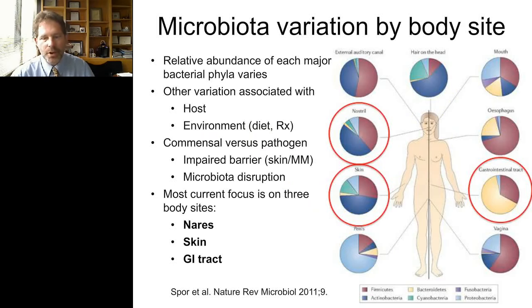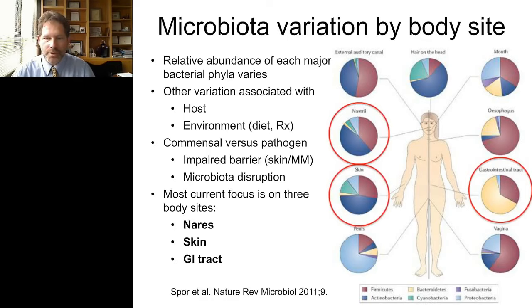One of the most important concepts of the human microbiota is that it varies quite dramatically from one body site to another. If you look at this slide, for example, for the gastrointestinal tract, you see it really overwhelmingly consists of firmicutes and bacteroidetes, whereas for skin microbiota, you see a lot more actinobacteria, and as you go to the different parts of the body, you see different phyla that are predominant.